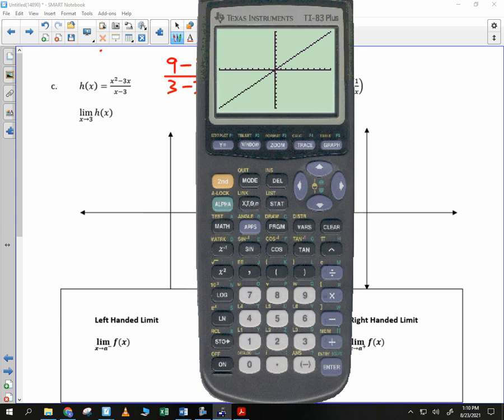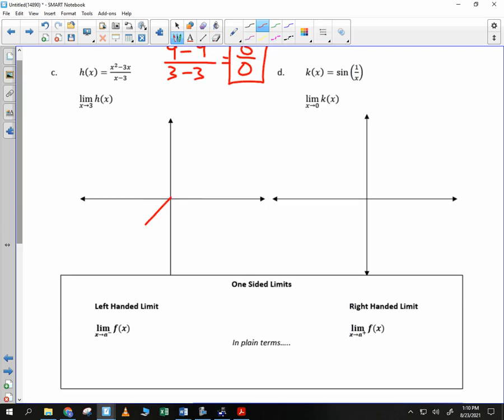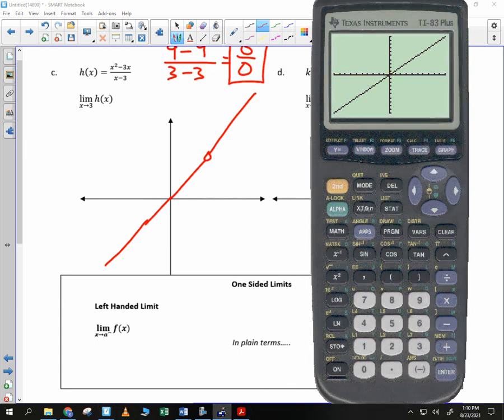There we have it. That's my graph. What does it look like? It looks like a line. But it's not a line. It's a line that has a gap in it. And I'll show you why.